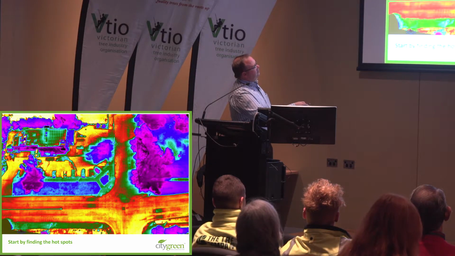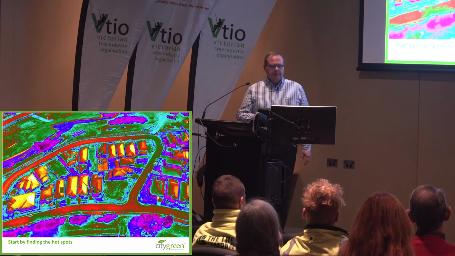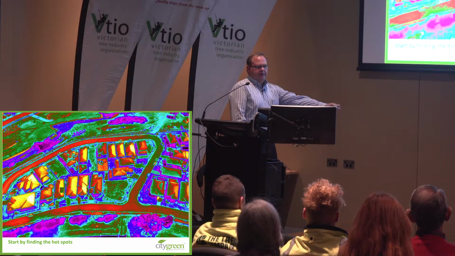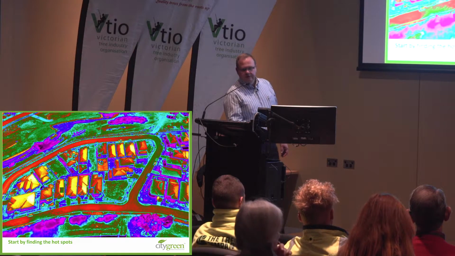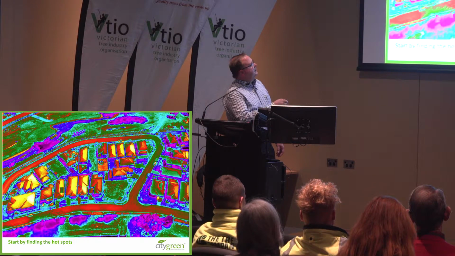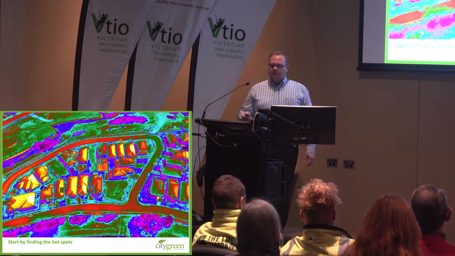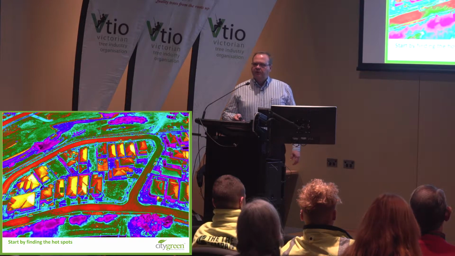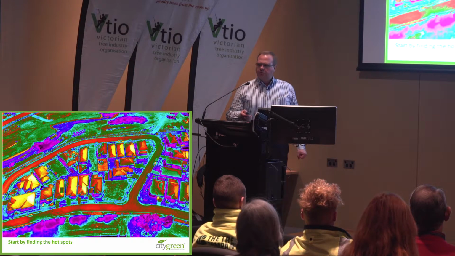It's just extremely hot on the roadway, and this is one from a residential development. Once again, we can see the cool areas where we've got tree canopy, and we can see the heat on some of these roofs and on the roadway. It's pretty severe, but there's a lot of technology coming along now that's helping us to identify and zero in on some of these issues.